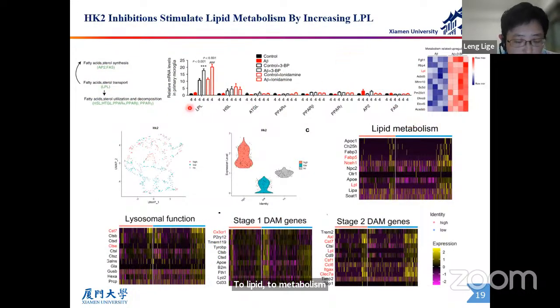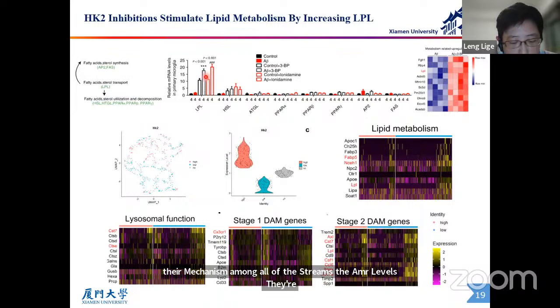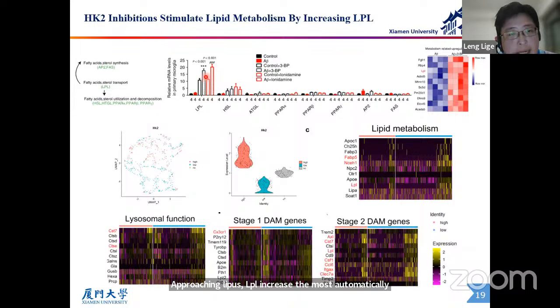This result further confirmed that lipid metabolism is activated by HK inhibitors. Next, we measured the mRNA expression of the key genes involved in lipid metabolism. Among these genes, the mRNA levels of lipoprotein lipase (LPL) increased most dramatically in microglia treated with lonidamine and 3BP.